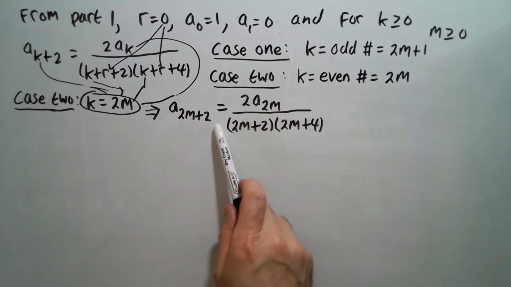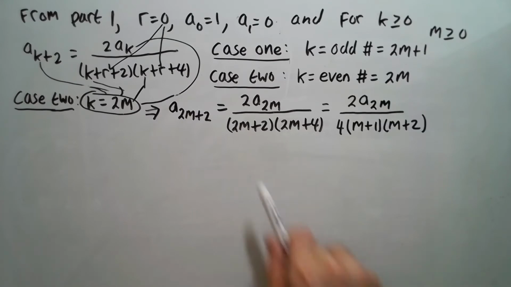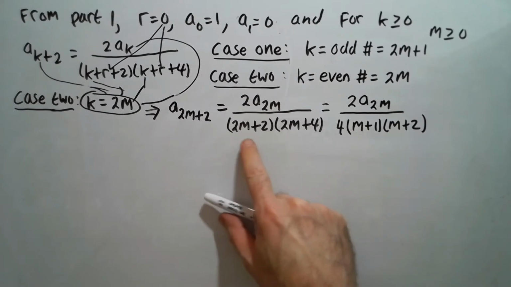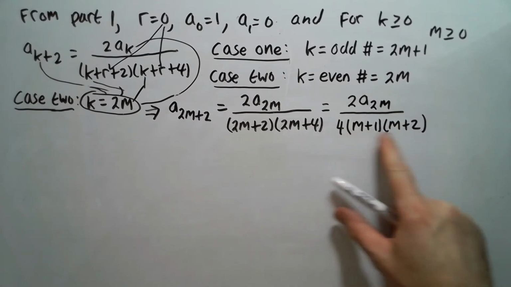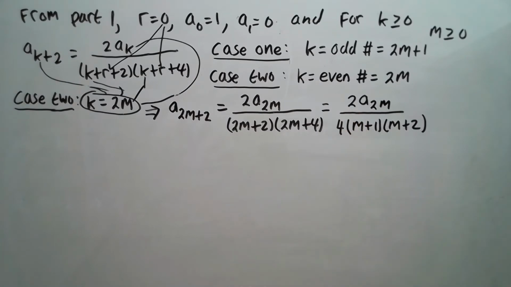So factoring a 2 out of this one and a 2 out of this one, we have a 4 in front. So 2 out of this one will be m plus 1 here. 2 out of this one will be m plus 2 here. Then the 2 and the 4 will go twice here. So simplifying that, we get this.